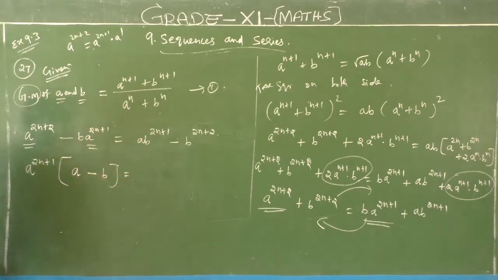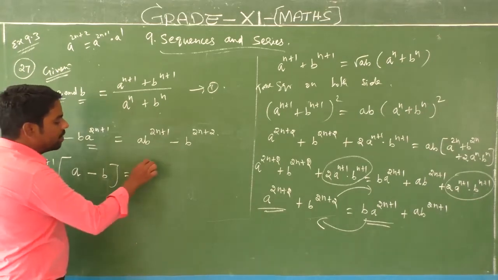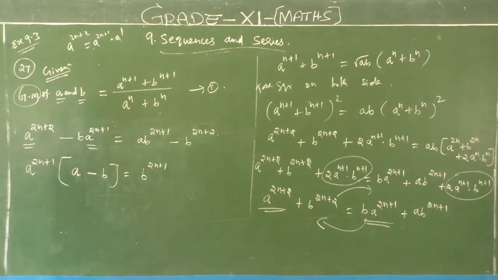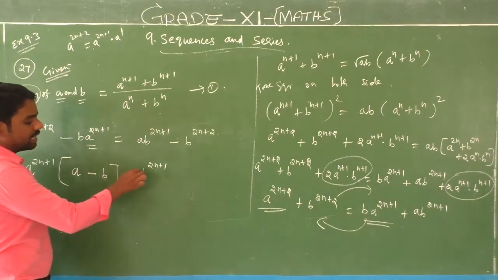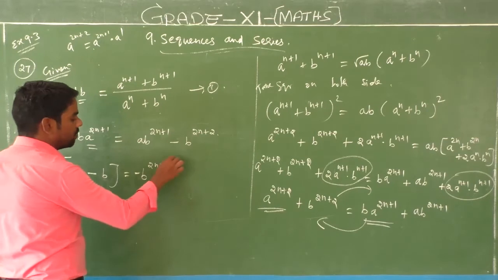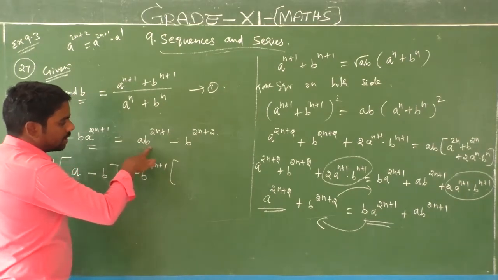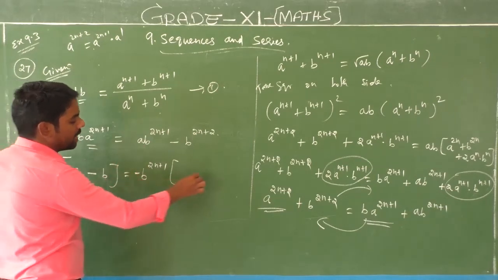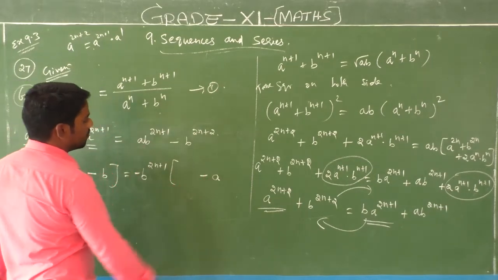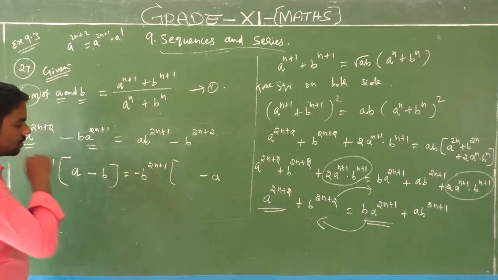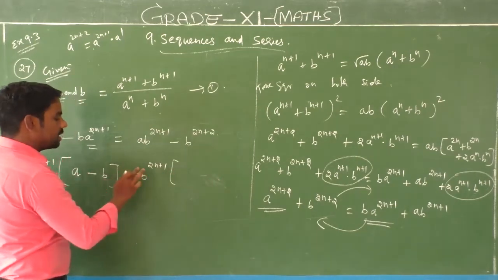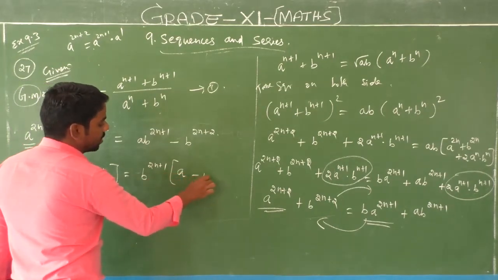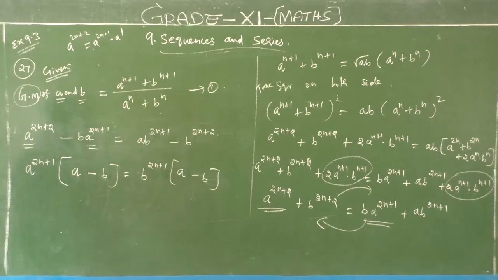It is equal to a b^(2n+1) minus b^(2n+2). Take minus b^(2n+1) common, remaining a minus b.